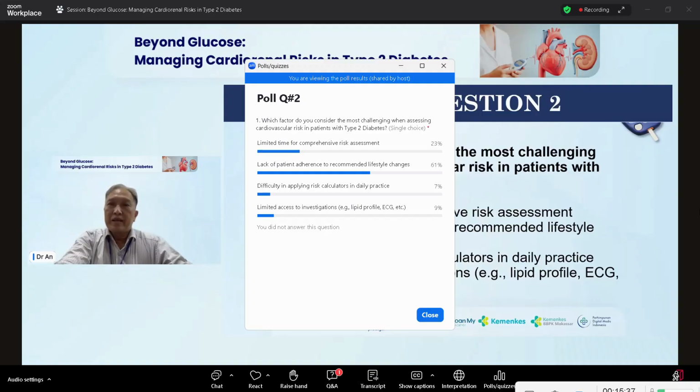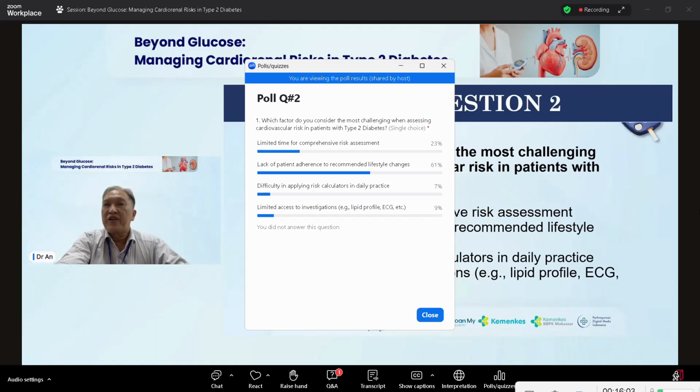Now, I look at the poll. We have the highest selection for the lack of patient adherence to recommended lifestyle changes. It's a very good point. I think that all of us will face the same issue. The second one is the limited time for comprehensive risk assessment.